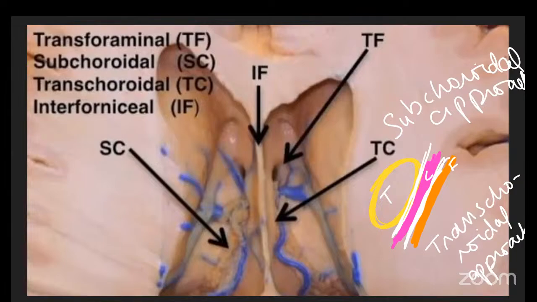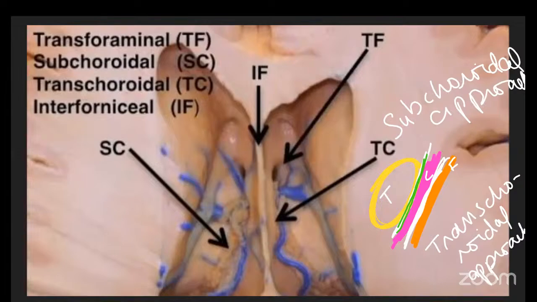If I go between this space, the thalamus will be retracted slightly laterally, the choroid plexus and the fornix will be retracted slightly medially. I will create a small space here and go down it. This has the benefit of lesser chances of venous injury, and the con is that the working angle would be very difficult.